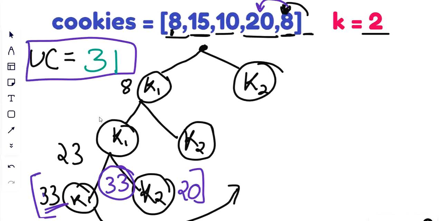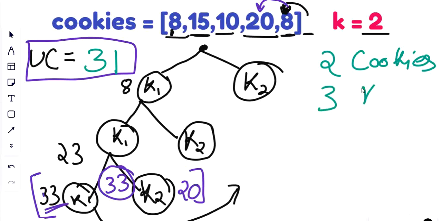So as we can see, there can be a possibility where there are, suppose, two cookies and 3 kids, right? So now we can see we only have 2 cookie bags and there are 3 kids. So we know that there will always be one kid who won't get a cookie, right?